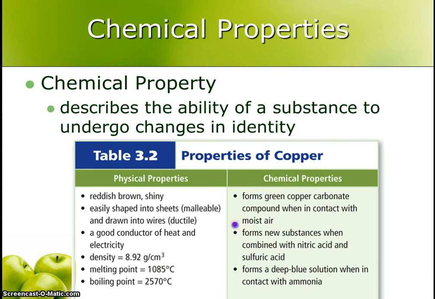Specifically, copper can react with moisture in the air and form a substance called copper carbonate. It's entirely different than what we know copper to be. It's actually a green substance with a different density. That's an example of why our Statue of Liberty is green, because it's experiencing a chemical property happening to the copper where it's going through a chemical change.